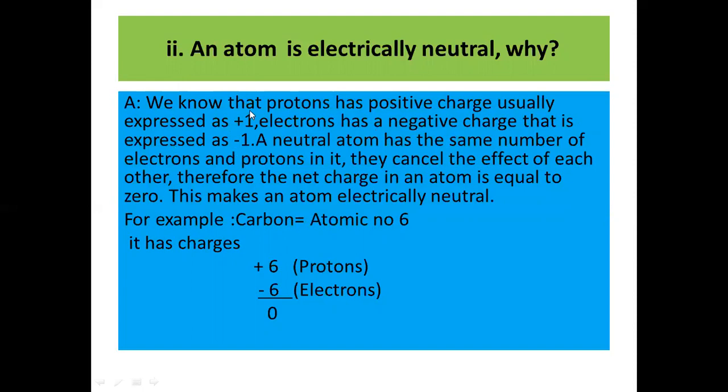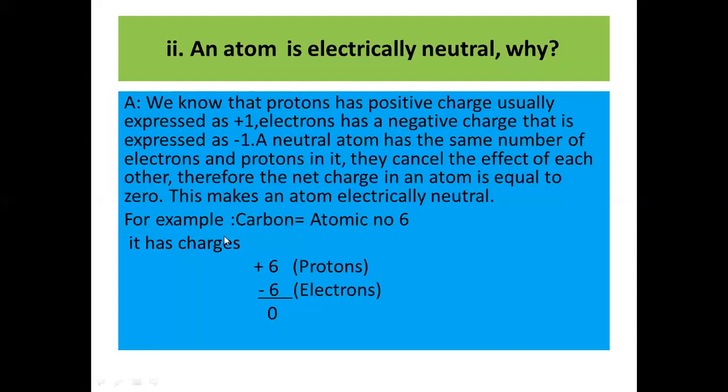A neutral atom has the same number of electrons and protons in it. So these equal charges will cancel the effect of each other. Therefore, the net charge on an atom will be 0, and this 0 will make an atom electrically neutral.